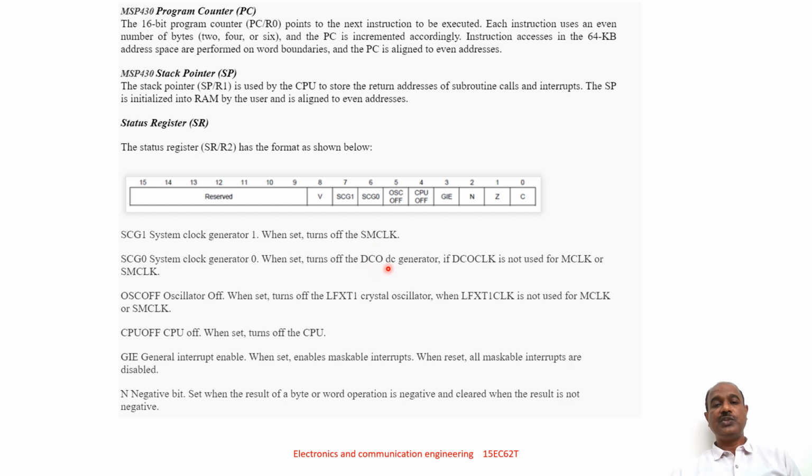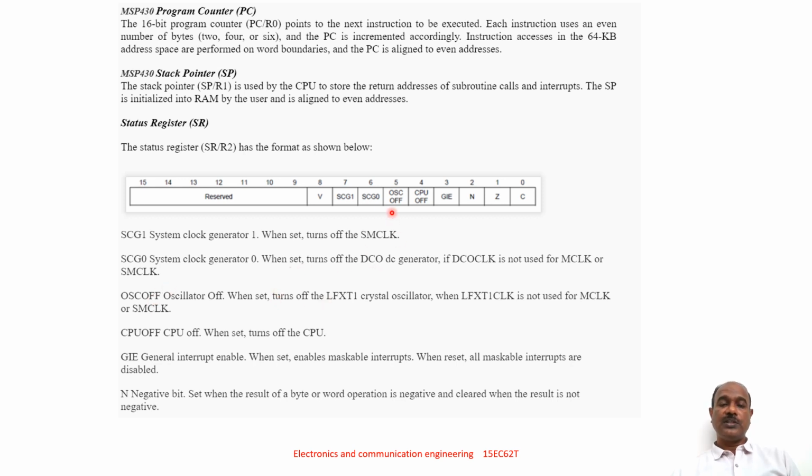You can turn off the DCO only when you are not using it to generate MCLK or SMCLK. Even if you make this bit equal to 1 while using the DCO to generate MCLK or SMCLK, the DCO will not be turned off.